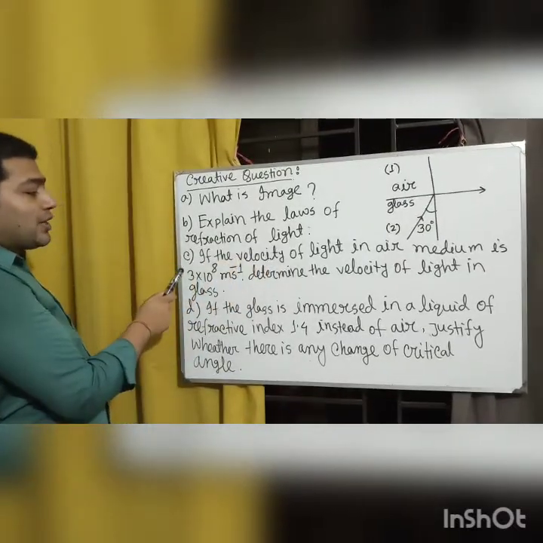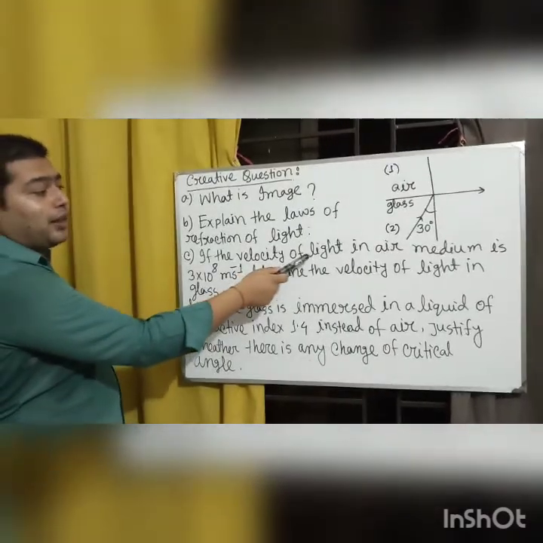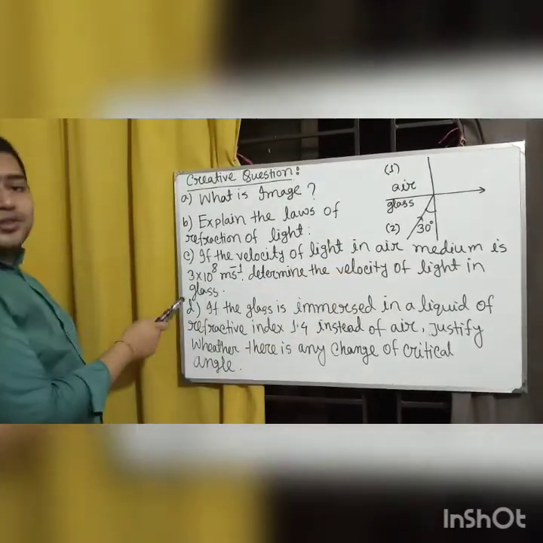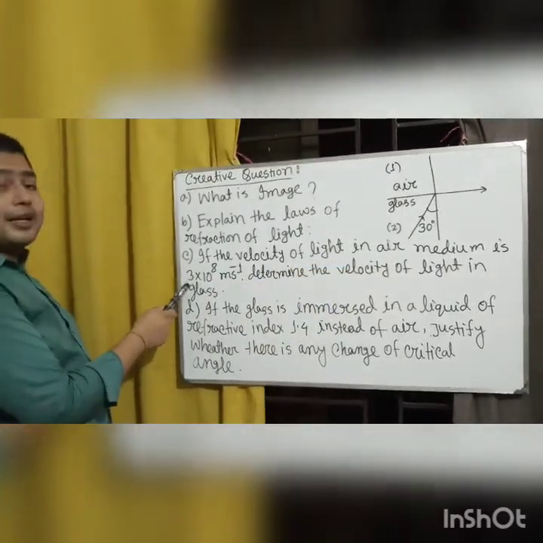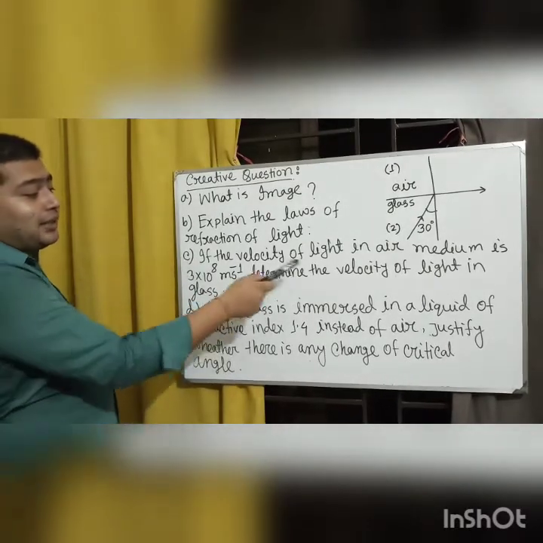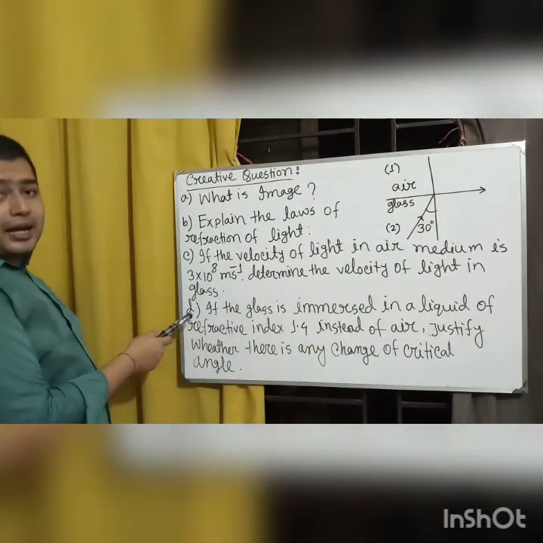Question C: if the velocity of light in air medium is 3 into 10 to the power 8 meter per second, determine the velocity of light in glass.